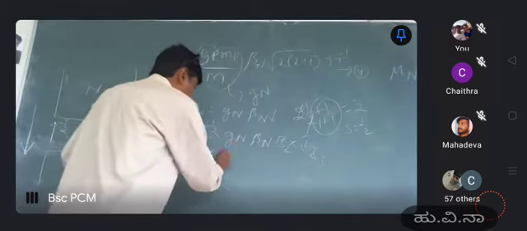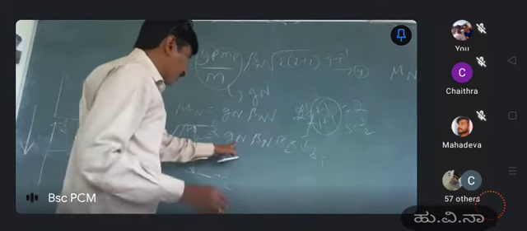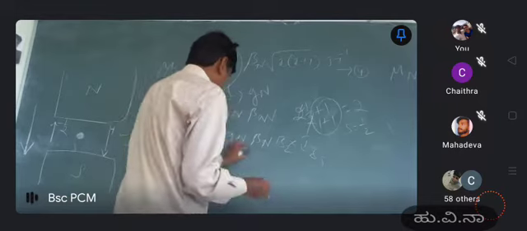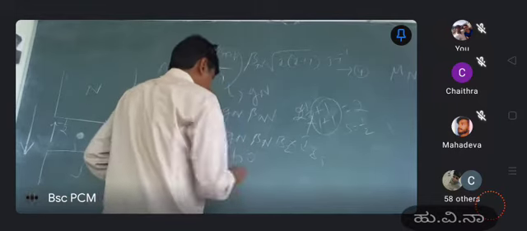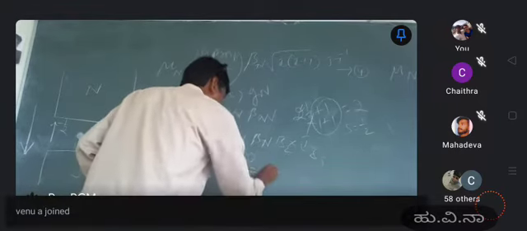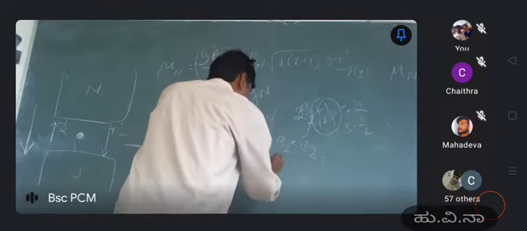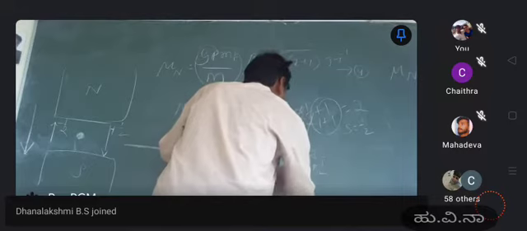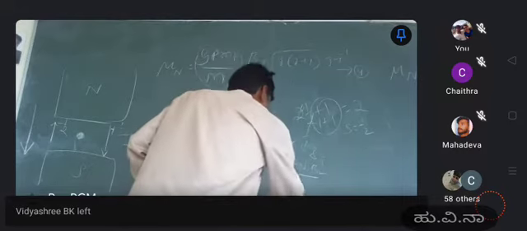So this delta E is equal to Gn beta N Bz. This delta E is always equal to h nu, so nu is equal to Gn beta N Bz divided by h.